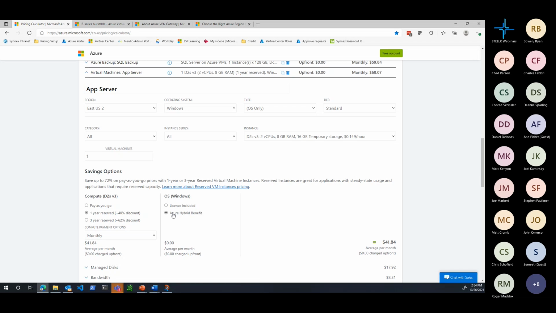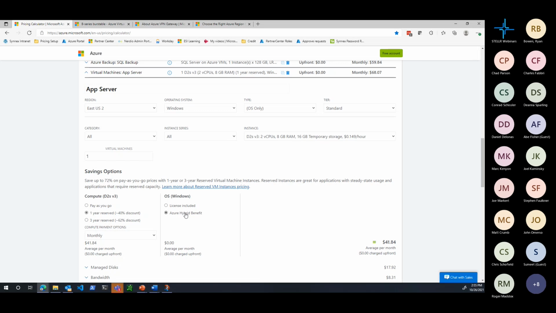The way hybrid benefit works is for those data center licenses, and those standard server licenses, you can take advantage of a couple of machines. Like the standard gives you, I think, the ability to do 2 machines in Azure, up to 16 CPUs. Whereas data center allows you to go, I think, for as many cores as you've bought, as most all the operating systems that are built in Azure are built with the data center license.